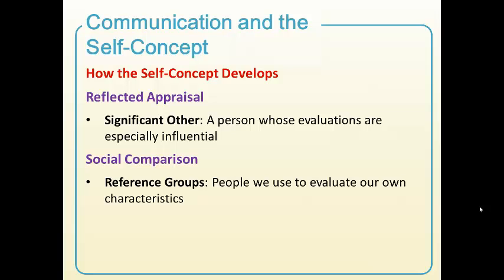So other teens think this, other kids are doing that. Music and television and media, they all send out messages about reference groups, and social comparison is the way that we take that information in and use it to shape our self-concept and self-esteem.